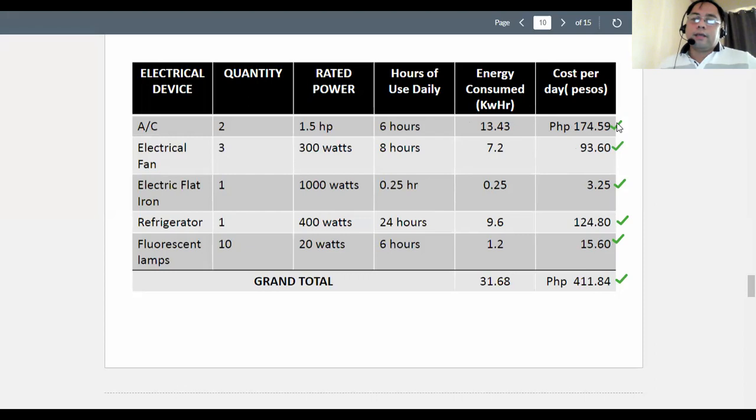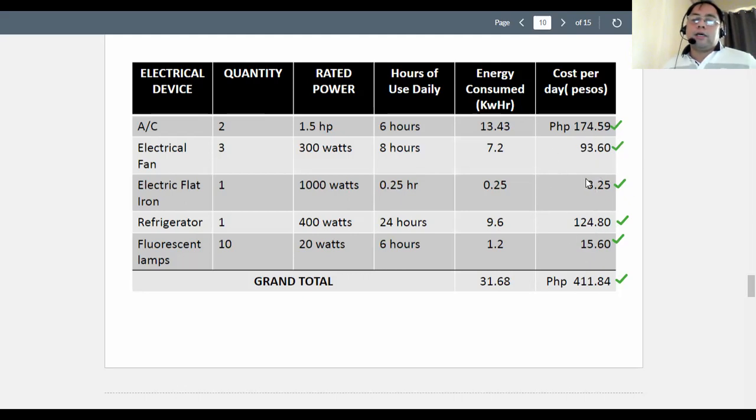So again, if this is how your equipments function, and if you multiply this times 30 days, more or less you will have something like 12,000, not less than 12,000, that you will pay in a whole month. But remember, our equipments are designed to save energy, so maybe you will have a lesser amount to pay at the end of the month.